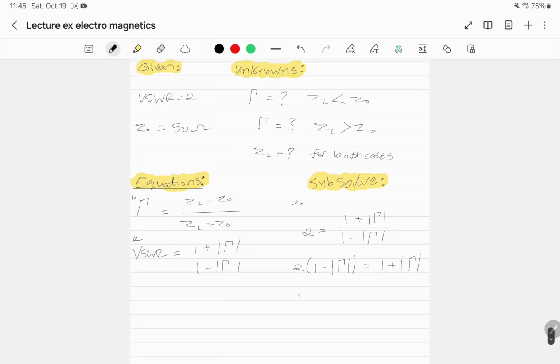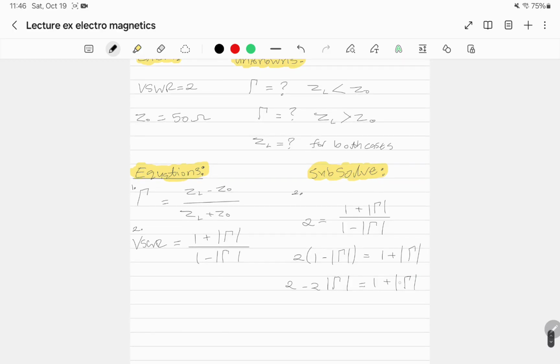And now we can just multiply the 2 in, so 2 minus 2 times the magnitude of the reflection coefficient is equal to 1 plus the magnitude of the reflection coefficient. Now we could just switch the sides, so 2 minus 1 is equal to the reflection coefficient plus 2 times the reflection coefficient.